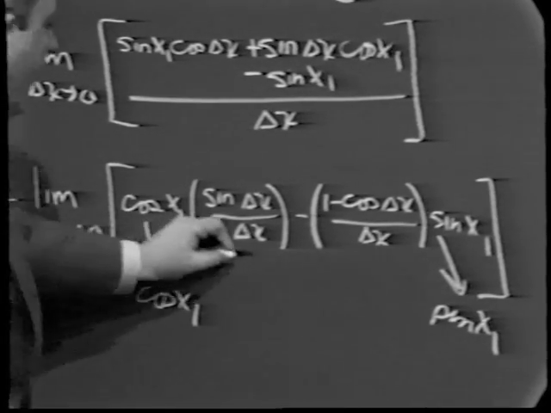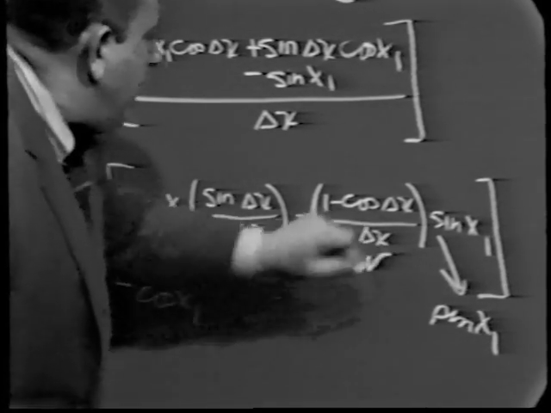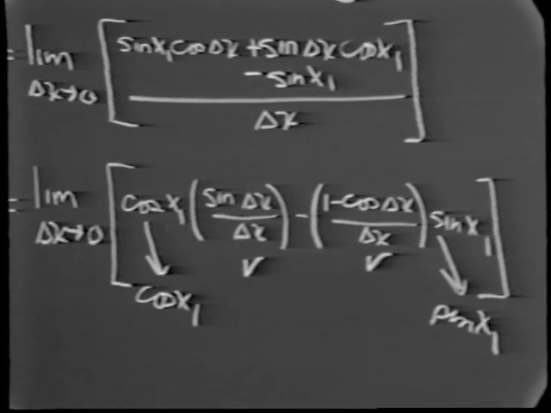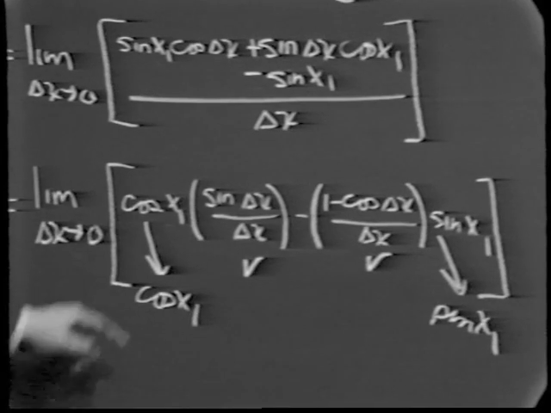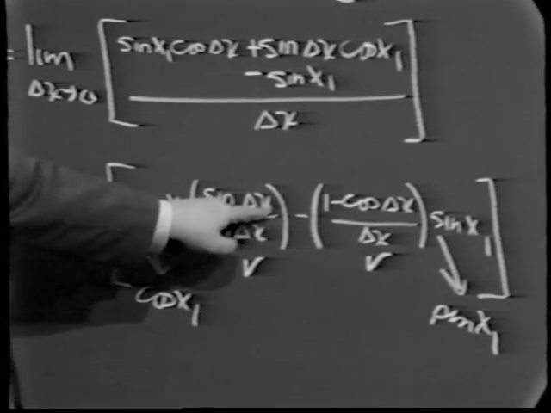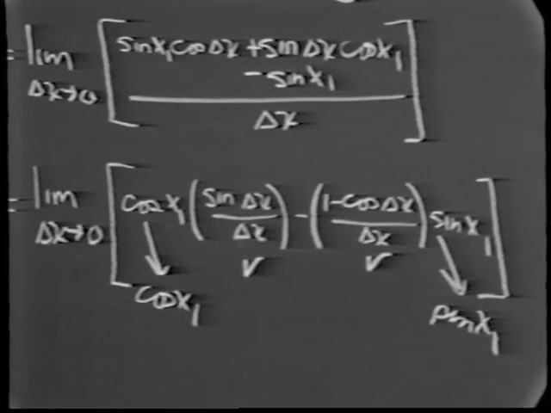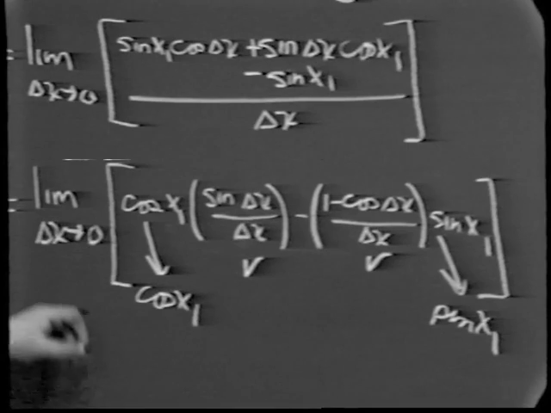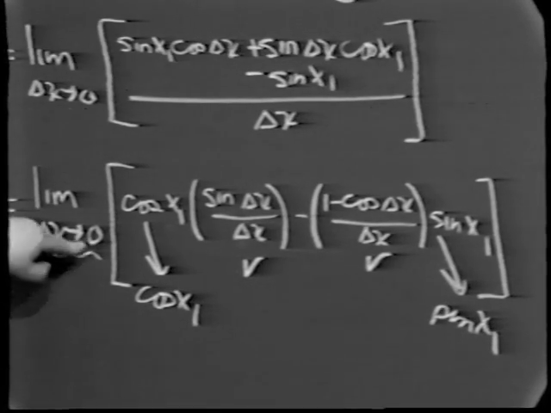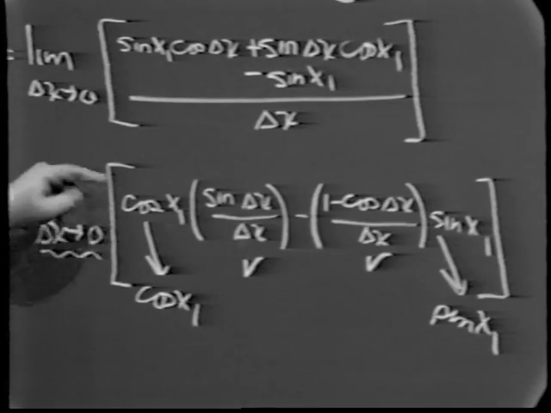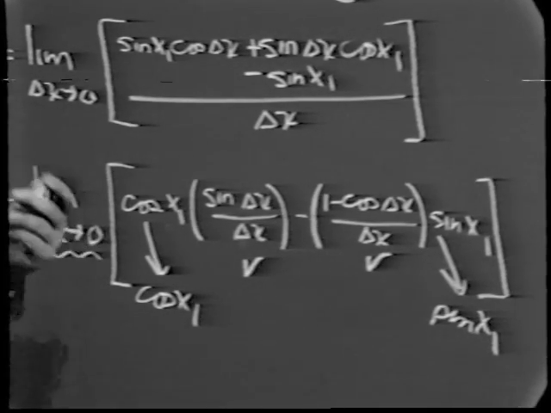But notice rather interestingly that both of my expressions in parentheses happen to take on that 0 over 0 form if we're not careful. Namely, if you replace delta x by 0, sine 0 is 0, 0 over 0 is 0, and we run into trouble here if we replace delta x by 0, which of course we can't do. This is the same definition of limit as we had before. Delta x gets arbitrarily close to 0, but never is allowed to get there.